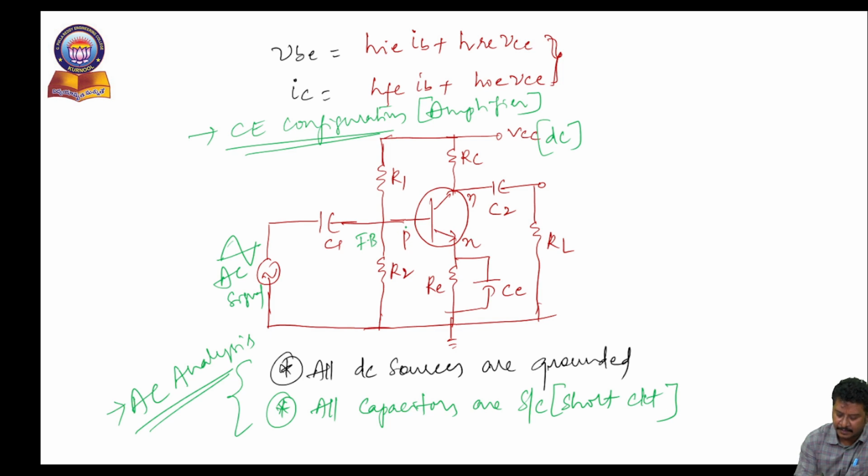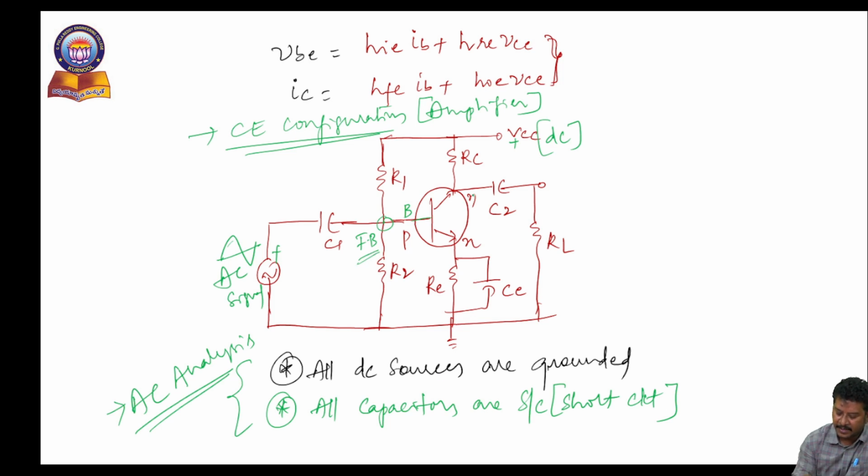In the NPN transistor, the base is a P type terminal connected to the positive of the source, with the positive terminal of the DC supply connected to the base. That's why the input side is in forward bias.